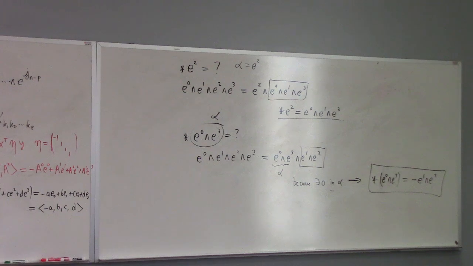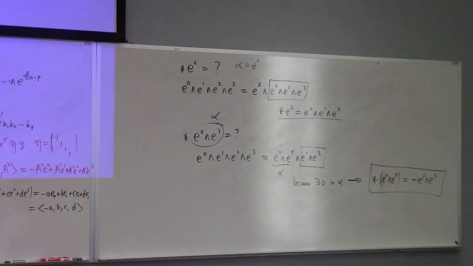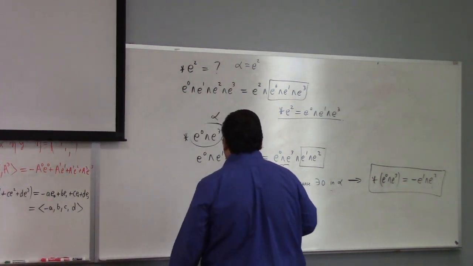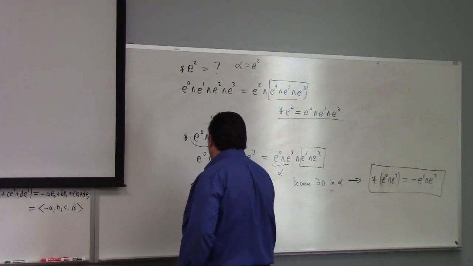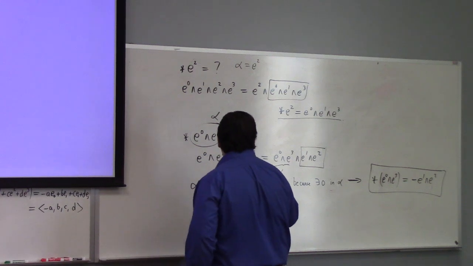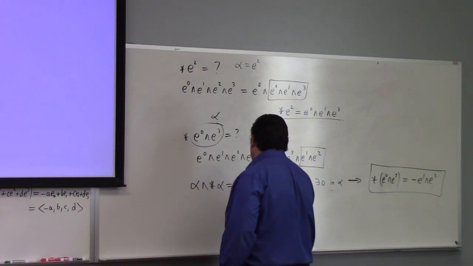Alpha wedge the dual of alpha is, oh, alpha wedge the Hodge dual of alpha is equal to definitely plus or minus the top form, right? In this case.